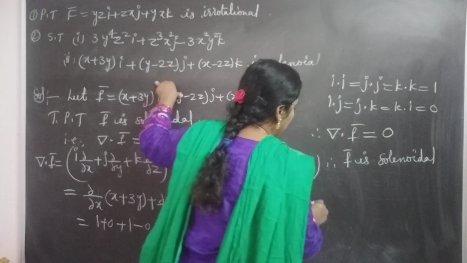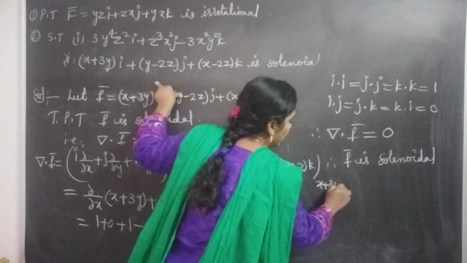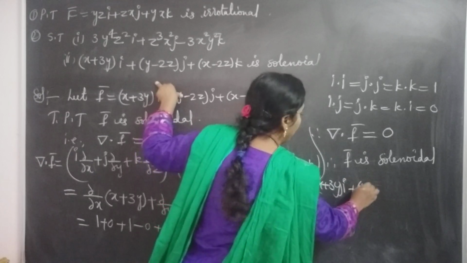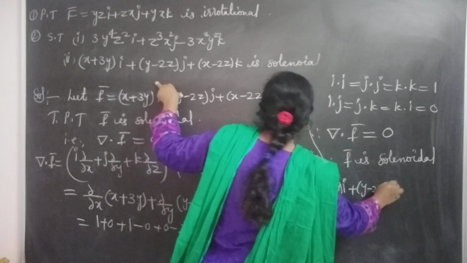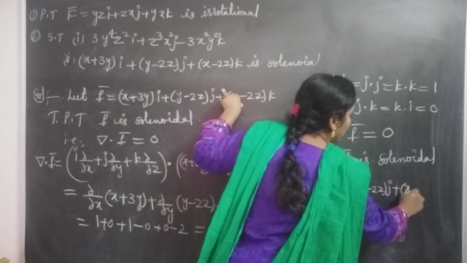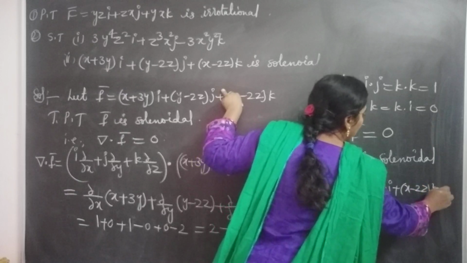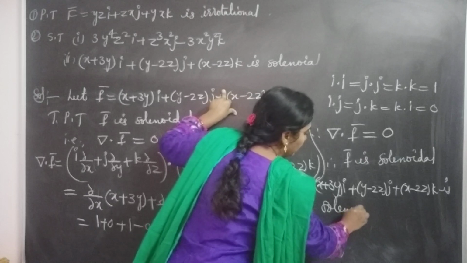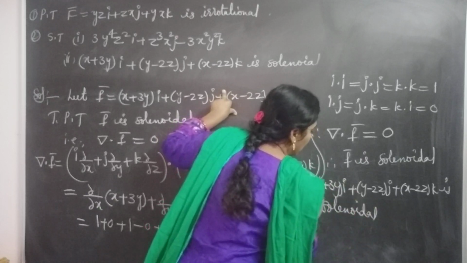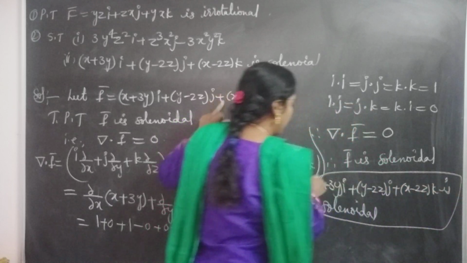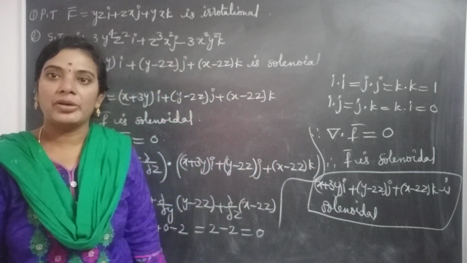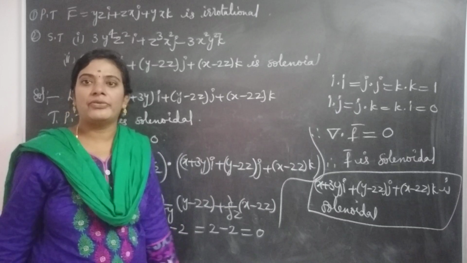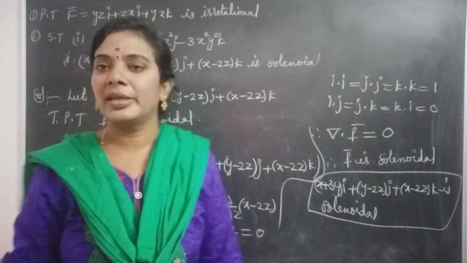That is, (x + 3y) i + (y − 2z) j + (x − 2z) k is solenoidal. It is another method of finding solenoidal. It is easy to find the dot product between the operator and the vector.